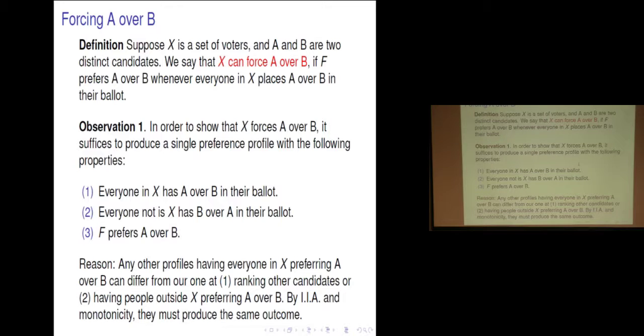I only need to look at one particular case, and that particular case will determine every other case. The particular case is everyone in X prefers A over B, and everybody else is against X, preferring B over A. Now in this case, F still prefers A over B. So if this situation, 1, 2, 3, happens, then we achieve this whenever. So this is the observation.